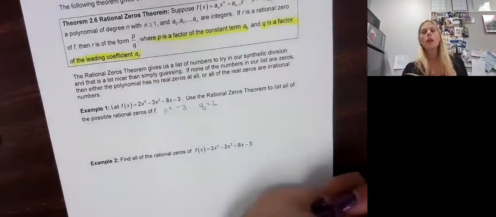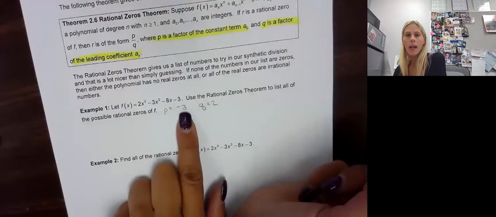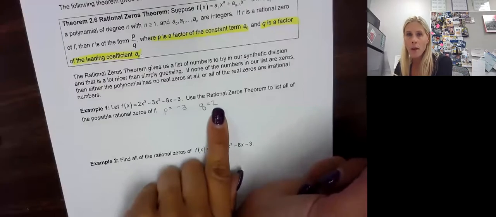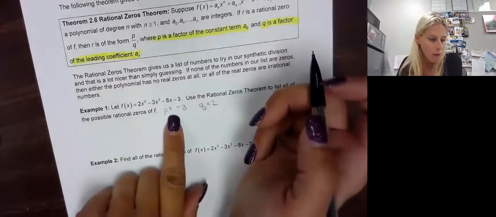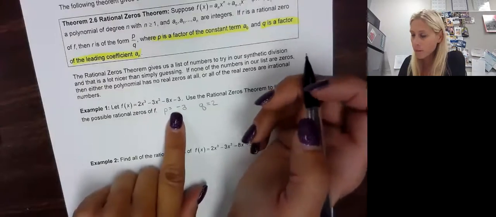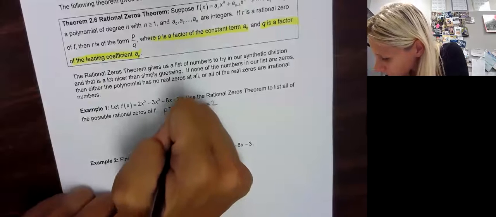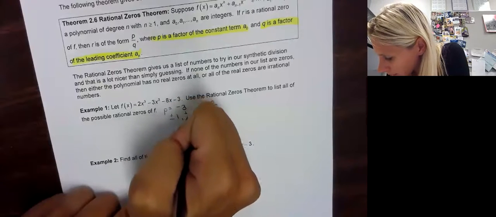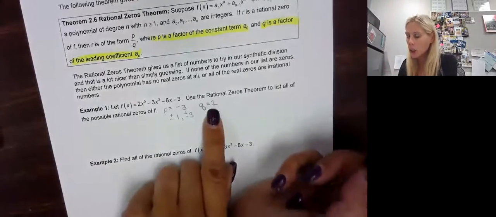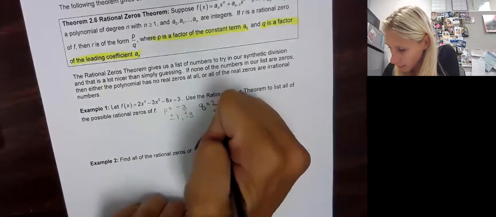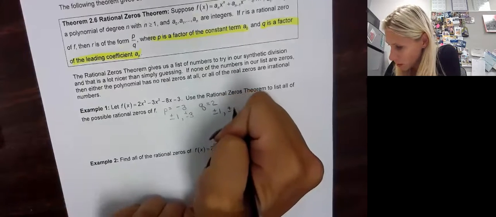Now, you've got to remember that this is the constant and this is the leading coefficient, but P and Q are factors. So what are factors of -3? Well, plus and minus 1 and plus and minus 3. Whereas Q for 2 is plus and minus 1 and plus or minus 2.